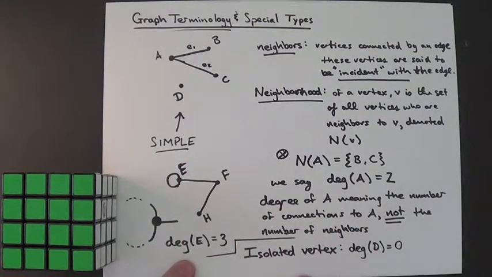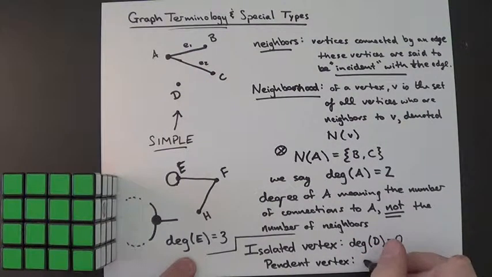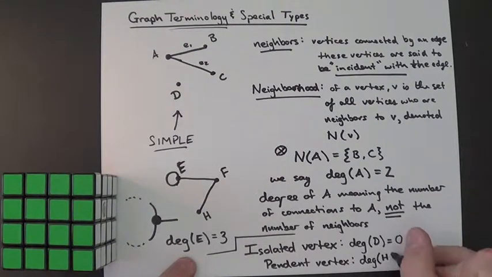Another word is pendant, which is probably going to be misspelled. But a pendant is a vertex with degree 1.